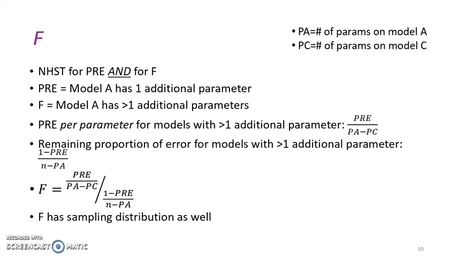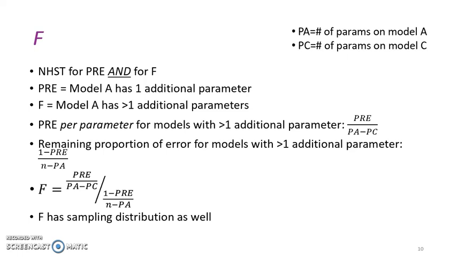But we calculate F and we conduct NHST for F when model A has more than one additional parameter over model C. So if model A has two or more additional parameters compared to model C, then we need to calculate F and conduct NHST steps for F.